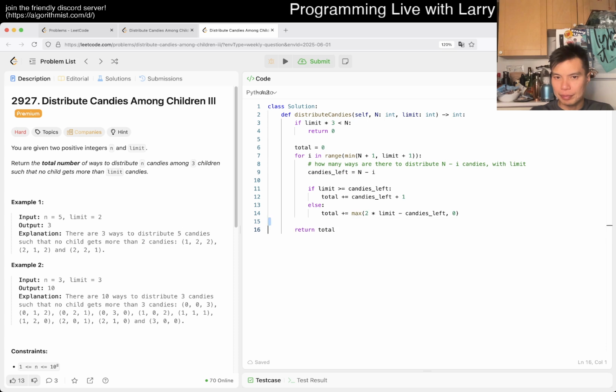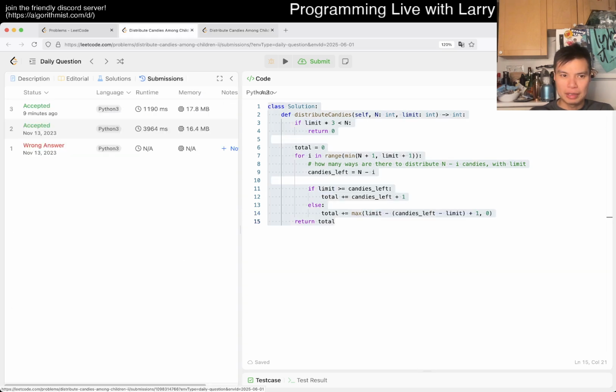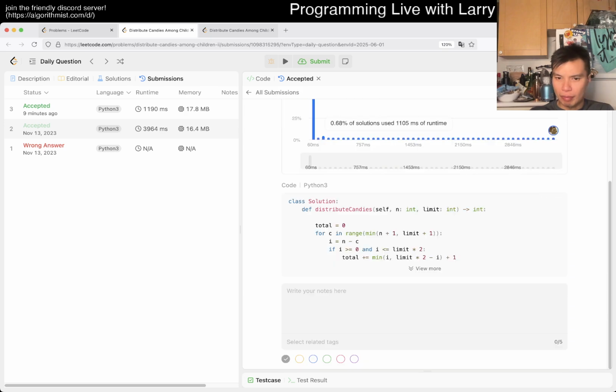And if limit is greater than candies left, then what happens? Well, this is too big, right? How did I do it last time? Oh, I just do an if statement. Okay.